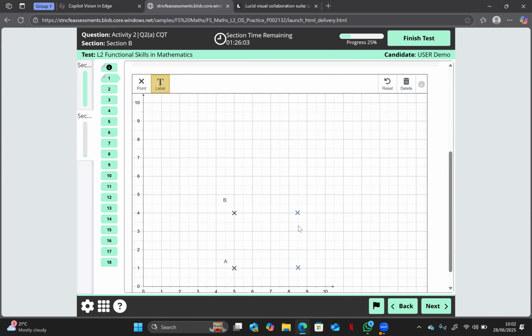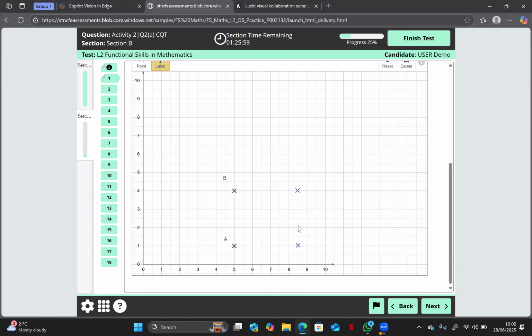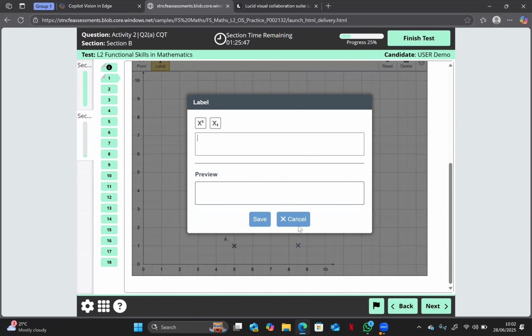Okay, so the coordinate here would be 8.5 and 4. That's the coordinate.